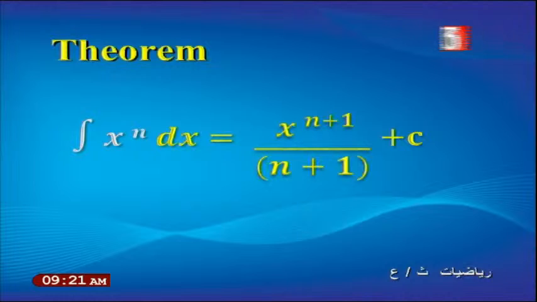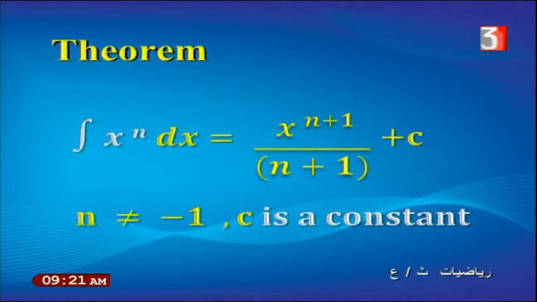We add 1 to the power of the variable x, then we get the new power n plus 1, and we divide by the new power. Note that n not equals -1 and c is a constant.